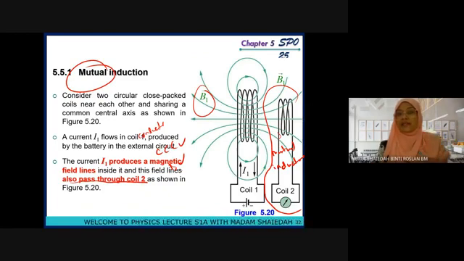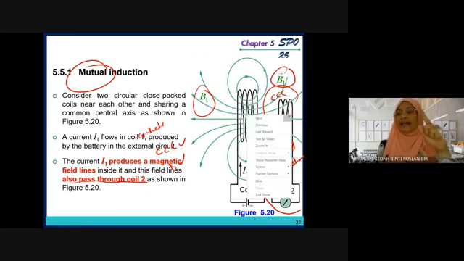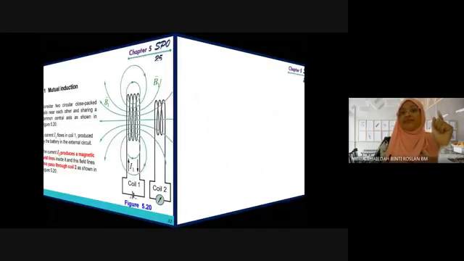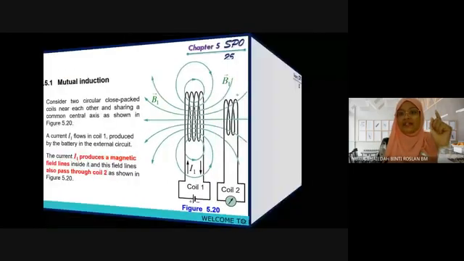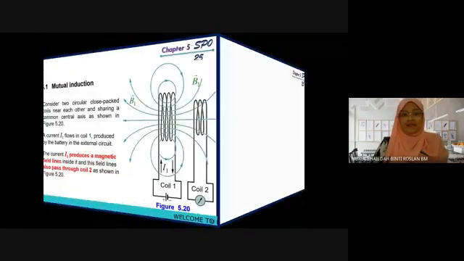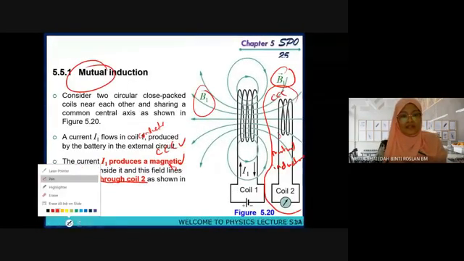So apa berlaku? B ni passing through. Dia boleh cross the next coil. So the next coil experiences B. So when dia experience B, dia akan jadi CCC, current carrying conductor. So by using right hand grip, you akan dapat dia punya deflection lah. So mutual inductance happens here. At the same time, self-inductance happens.